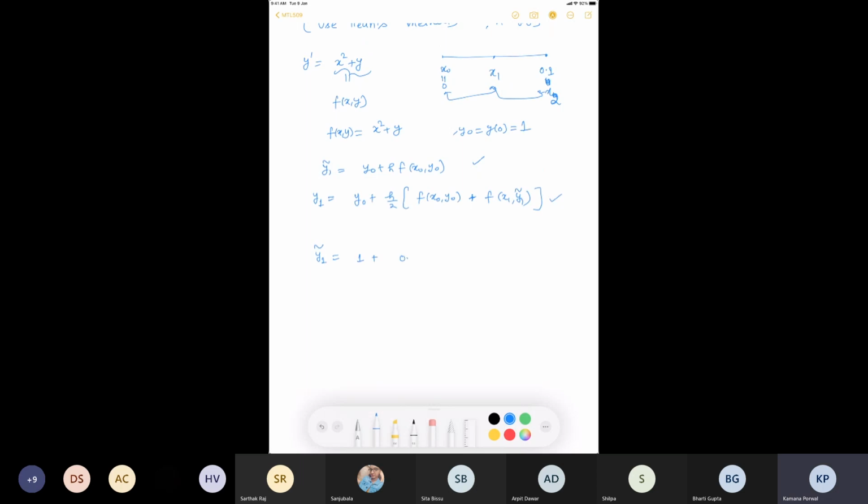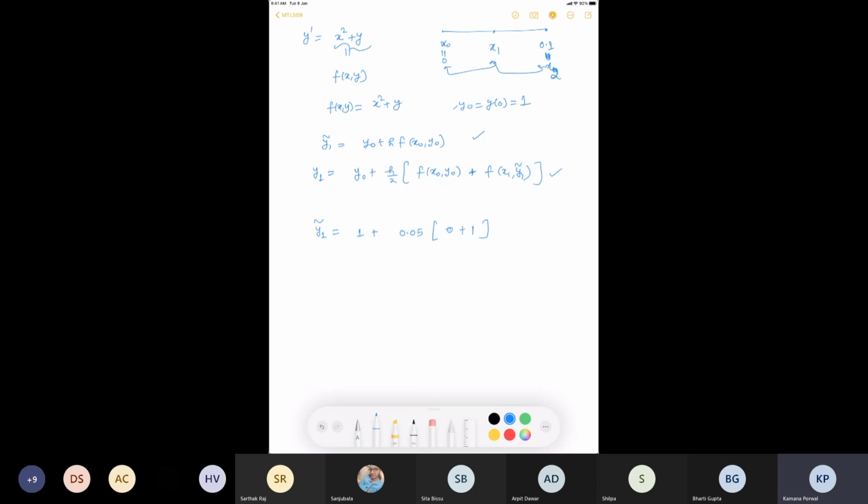So h is 0.05 and f is x squared plus y. So this is going to be x0 squared plus y0. x0 squared is 0 and y0 is 1. So let me write directly the numbers here: 0 plus 1. Upon simplification, you get this.